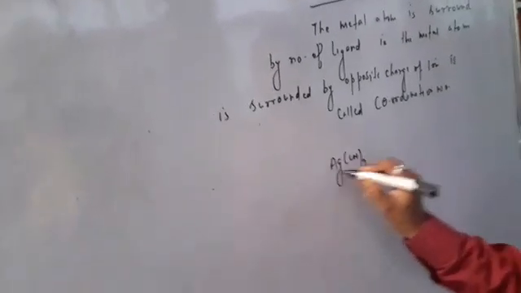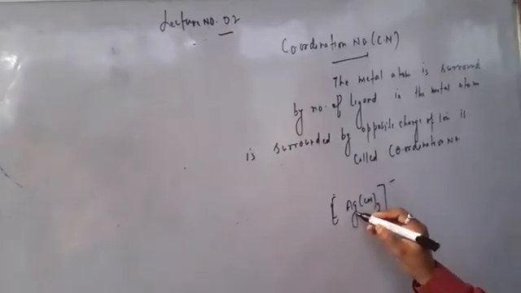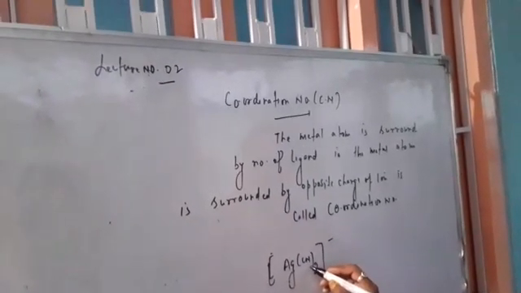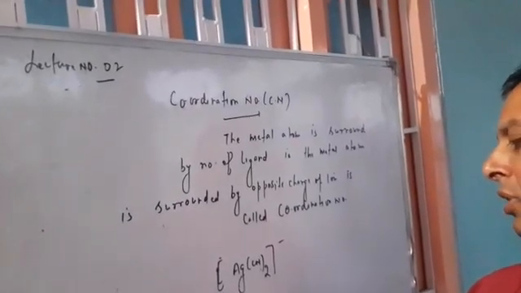Like the example of [Ag(CN)2]-. This is the coordination sphere. In this case, the central metal is silver, to which 2 cyanide ligands are combined. So the coordination number is 2.